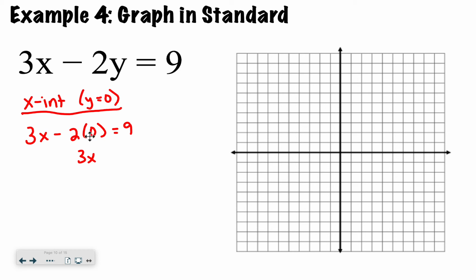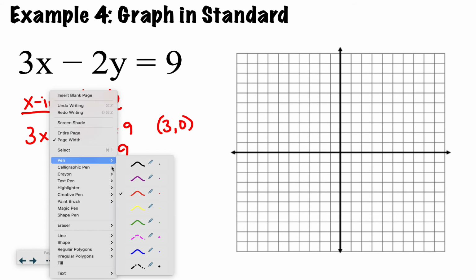Anything times 0 is just 0, so I would have 3x minus 0. I don't need to write minus 0, so I'm going to just leave it at 3x equals 9. And then divide both sides by 3, and I get x equals 3. So my ordered pair here would be 3, 0.